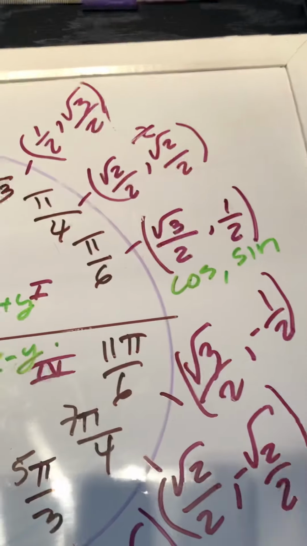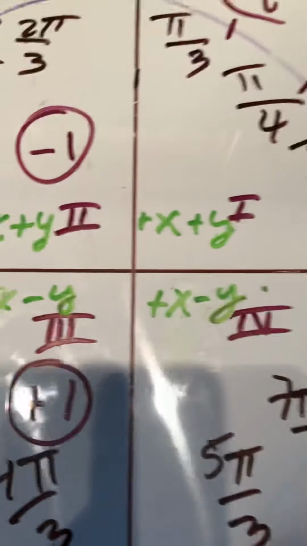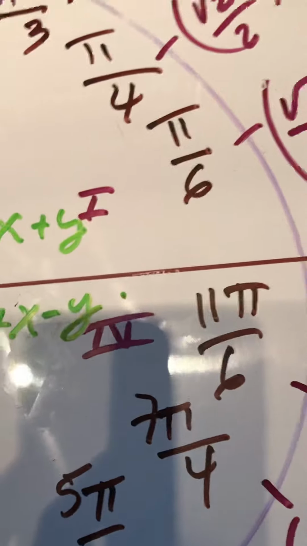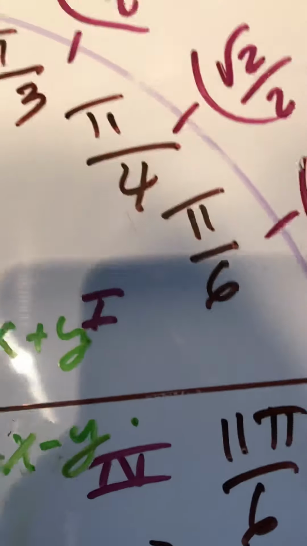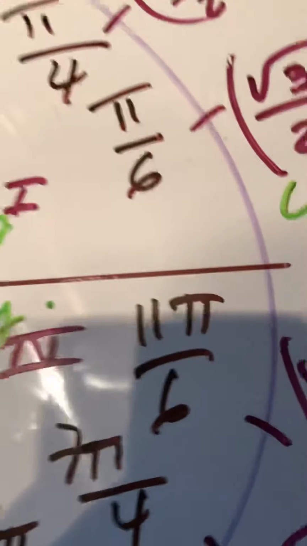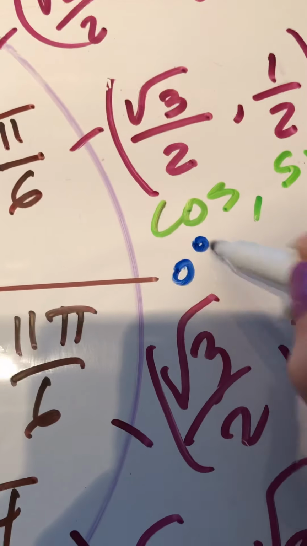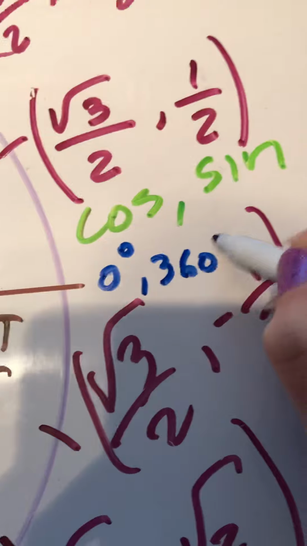I'm gonna do it in green so you can see. Let me see if I can find another color. Blue, hopefully it works. Okay, perfect. All right, so let's do the angles. Super easy. So this one, of course, is gonna be 0, 360. This one is gonna be 90.